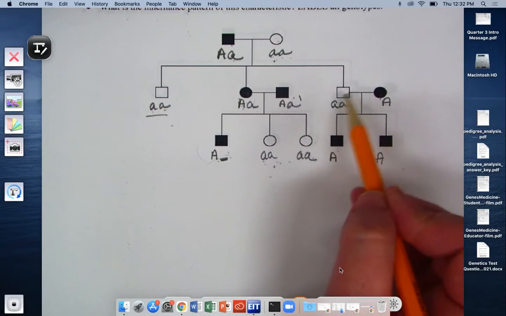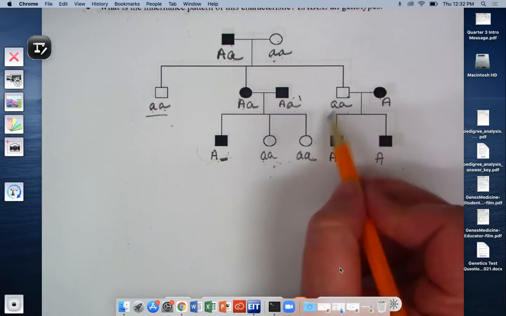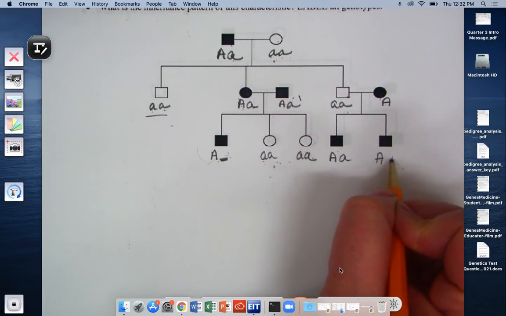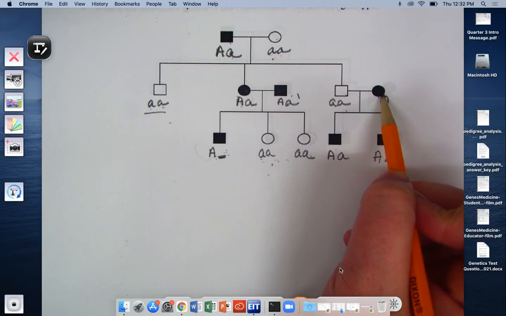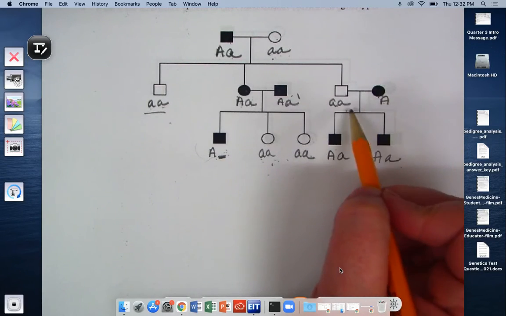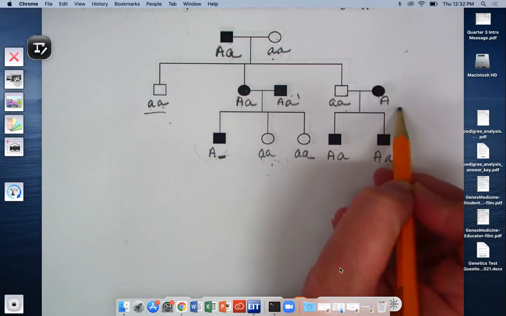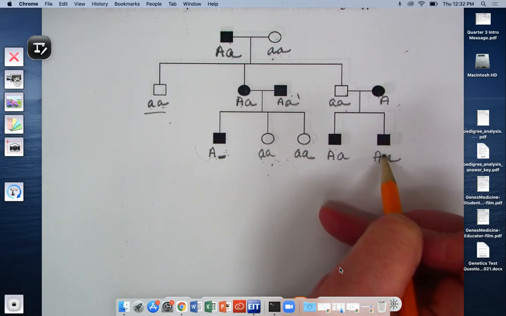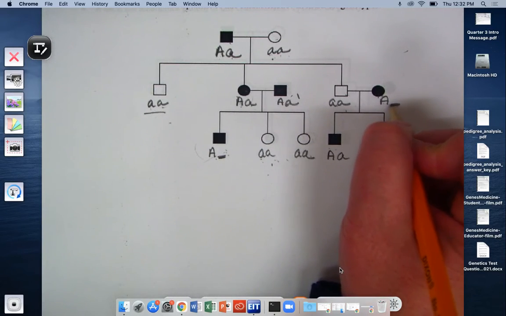How about here? Well, this parent is going to donate a lowercase a. So both of them are going to have that. But what about this parent? Wouldn't really know, right? We don't know their parents. And this A definitely could go to either one. They could have two capital A's, or they could have a lowercase a.